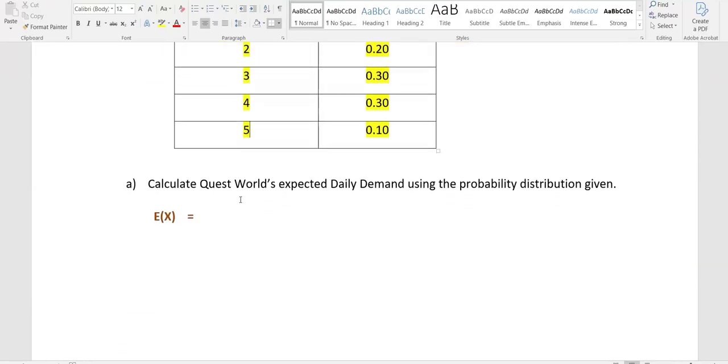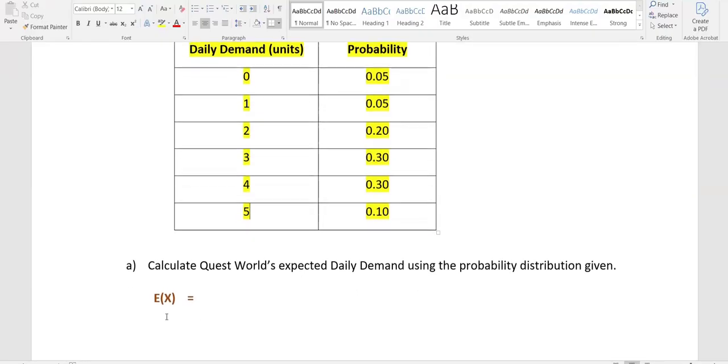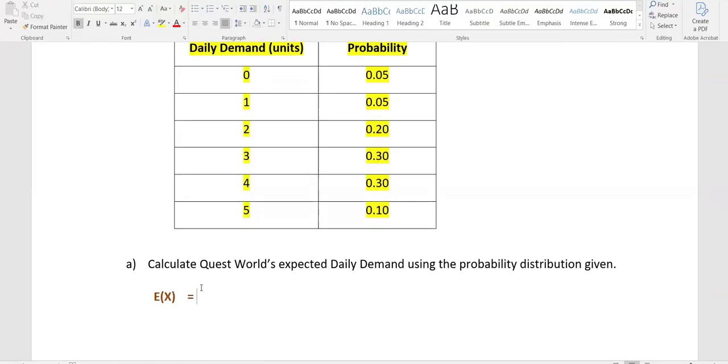Now we're asked, calculate the company's expected daily demand. So to calculate the expected daily demand, this is a very important guiding question. The expected daily demand is found by multiplying the daily demand by the corresponding probability, like how we find the expected monetary value.